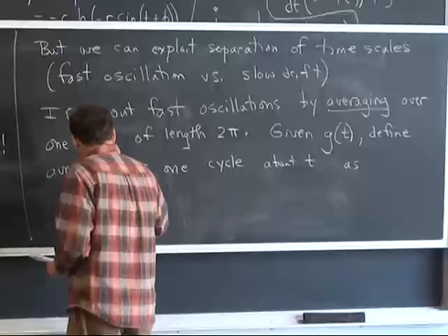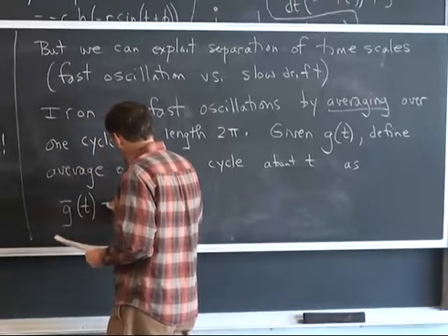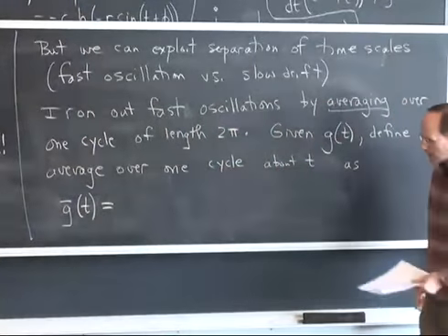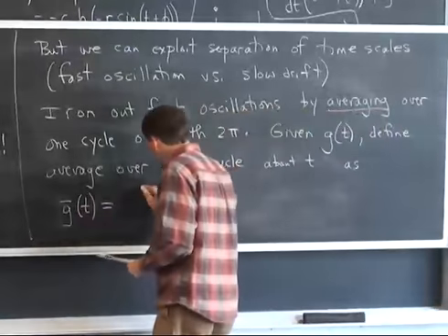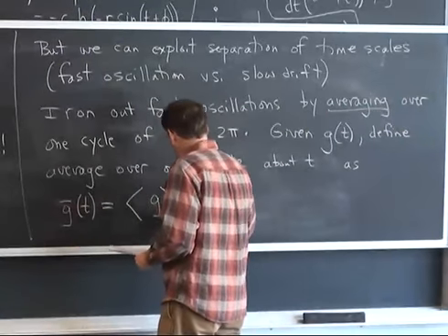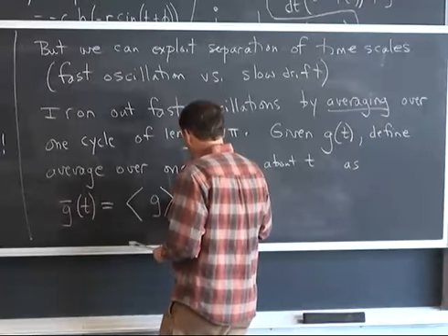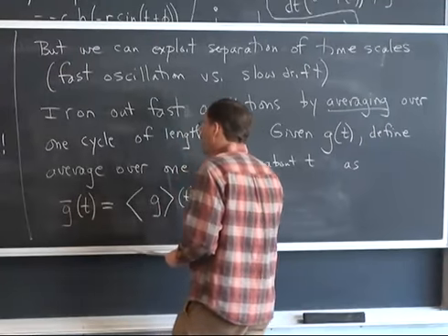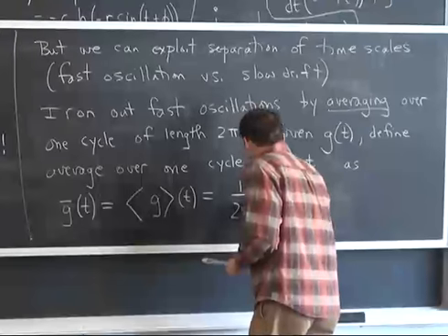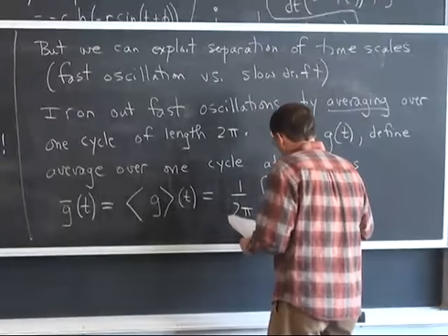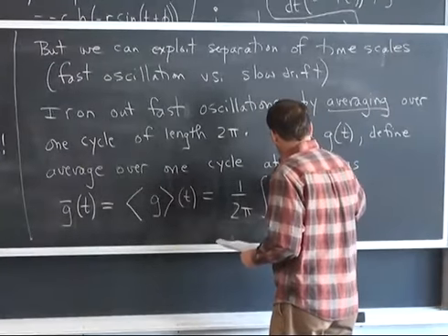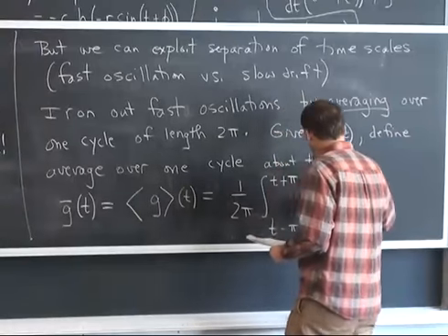So the bar means average. Sometimes, though, when I want to think of averaging as an operation, I'll use angle brackets. So I might also write it like this: the average of g regarded as a function of t. And the definition is it's 1 over 2 pi integral from t minus pi to t plus pi of g.